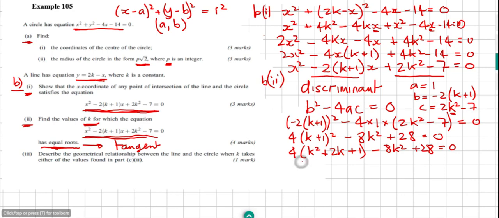Multiply out the bracket. Then collect up terms, so we get minus 4k squared.